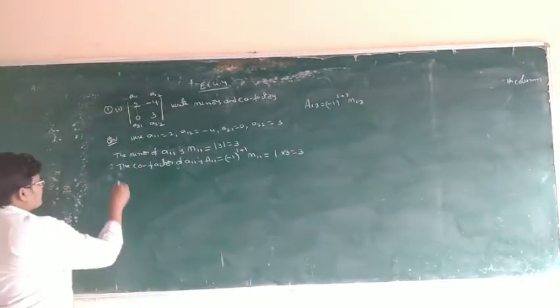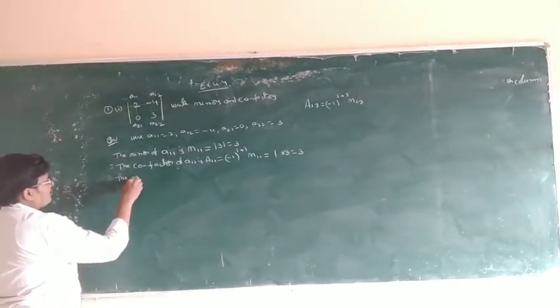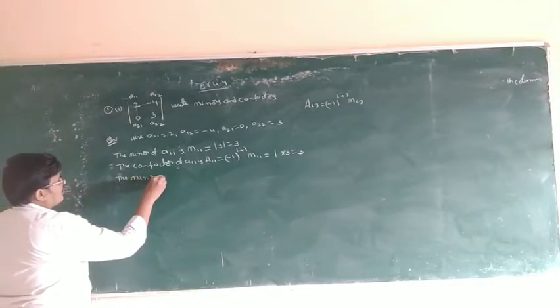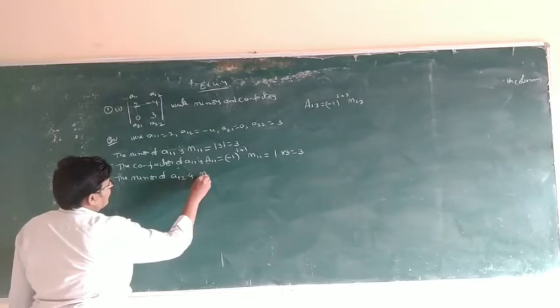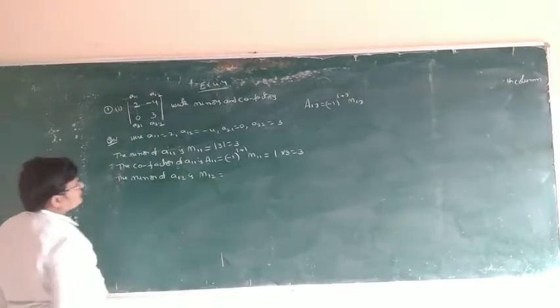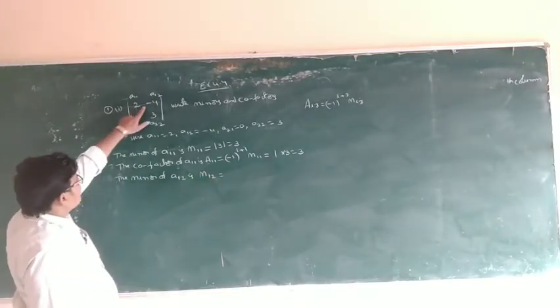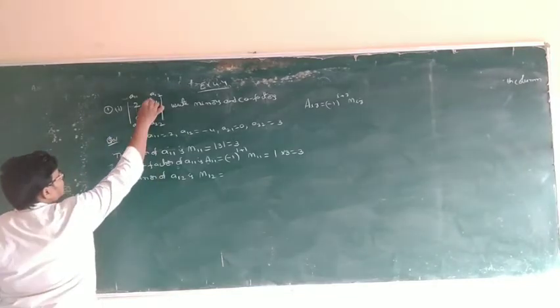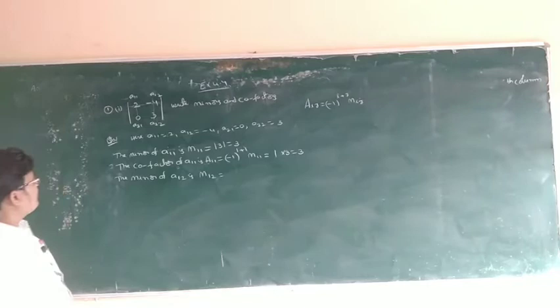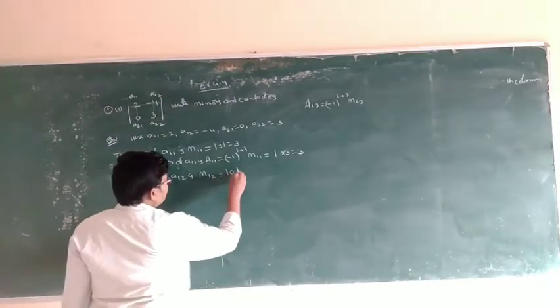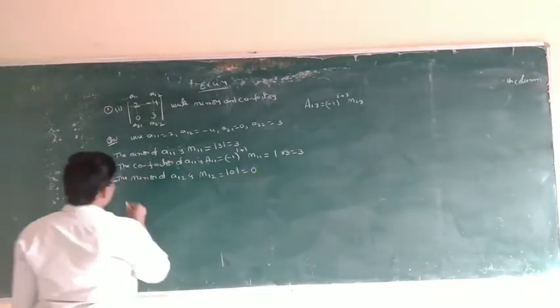Next, the minor of A12 is capital M12. This is A12, which is minus 4. For minus 4, the corresponding row and column are deleted. Determinant of 0 is equal to 0.